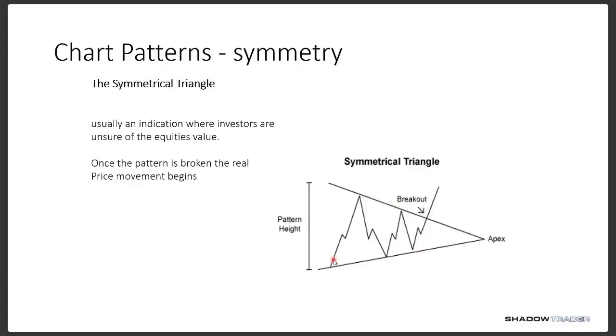Usually it's an indication where investors are unsure of what the price is going to do for the next few days, few months, few weeks, whatever, or minutes. So they're just tightening down the noose to get it to a much tighter valuation. Bounce it up, too expensive. Bounce it down, too cheap, too expensive, too cheap. And it gets down to this apex. Then they have to make a decision.